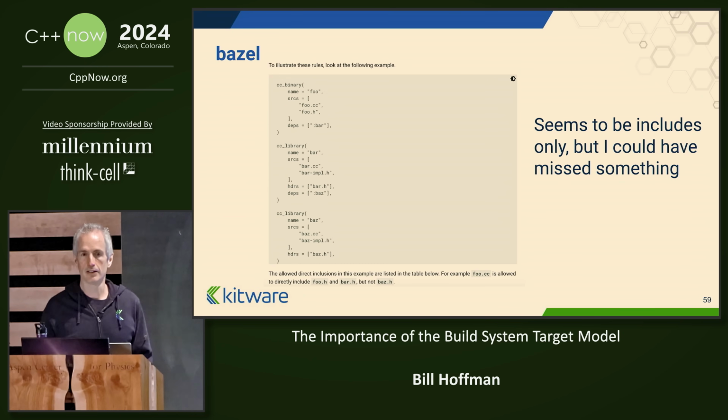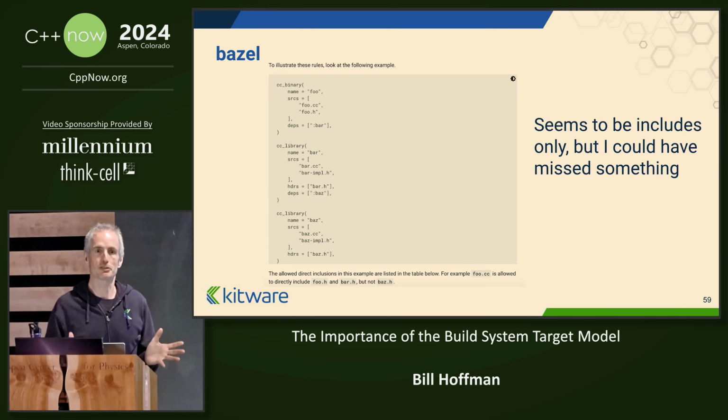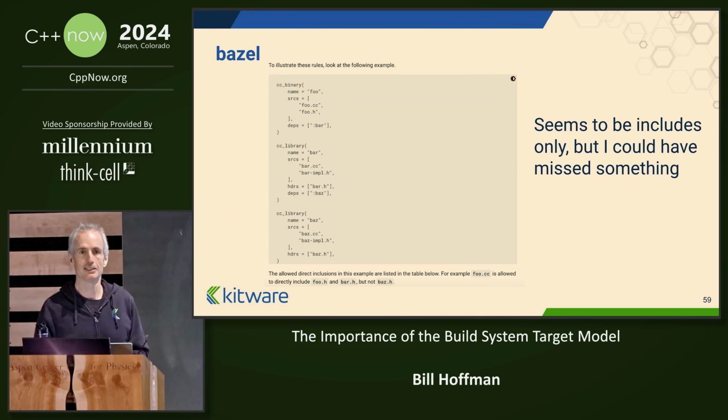As far as I know, deps is private dependency, and then you could use exported_deps to make the stuff that would depend on you also be visible. But as far as compiler flags go, yeah, I think your observations are accurate. But to some extent, it does have this sort of target-centric model. Yeah, there's a directed graph.